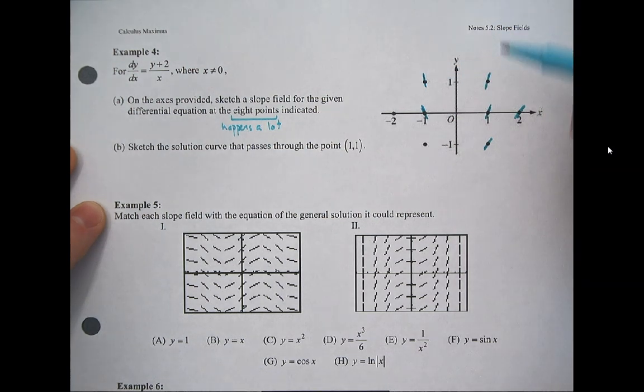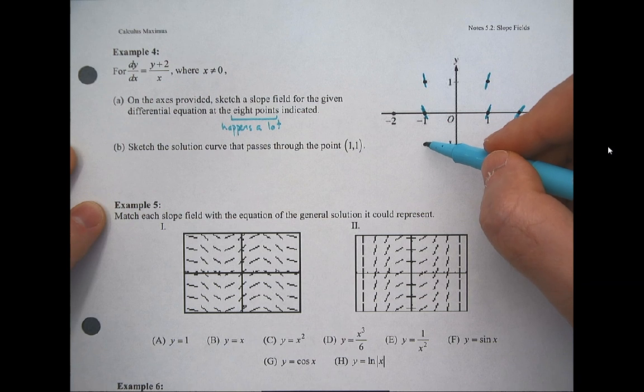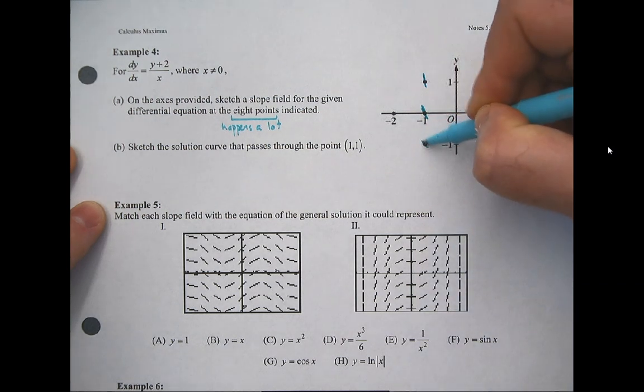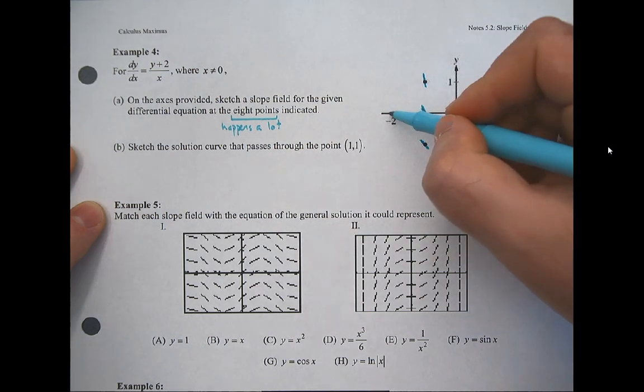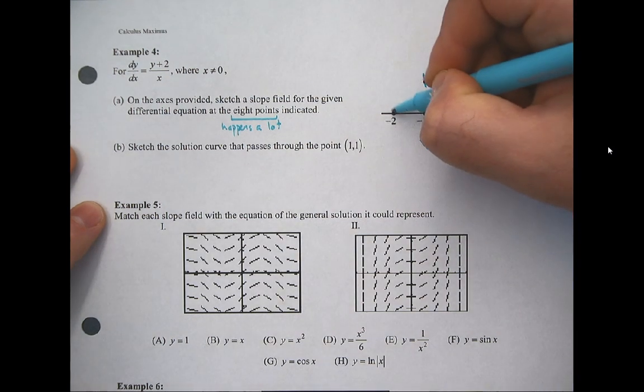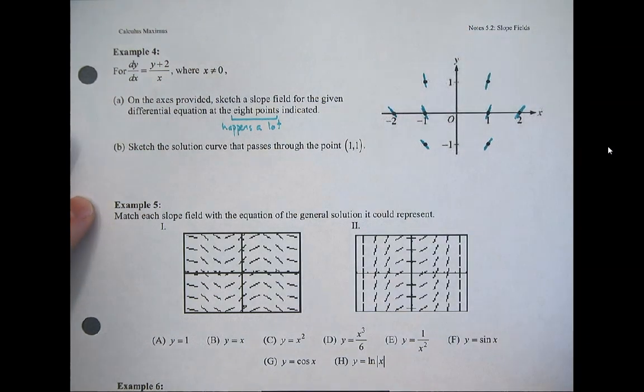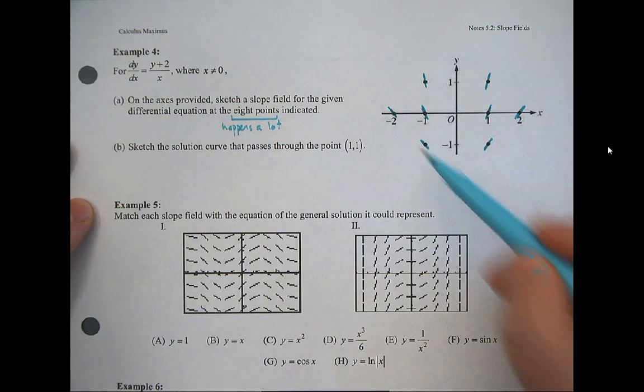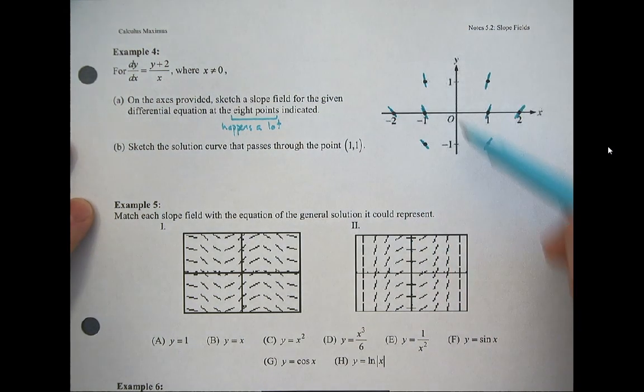Steeper. Negative 1, negative 1, that'd be 1 over negative 1, so that's a nice one, 45 degrees. Negative 2 and 0, that would just be negative 1 again, so negative 45 degrees. So all these are going to be slopes of negative 1.